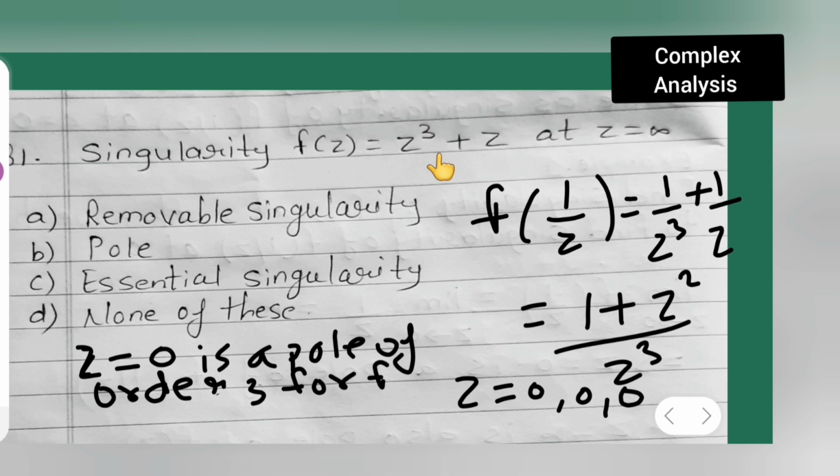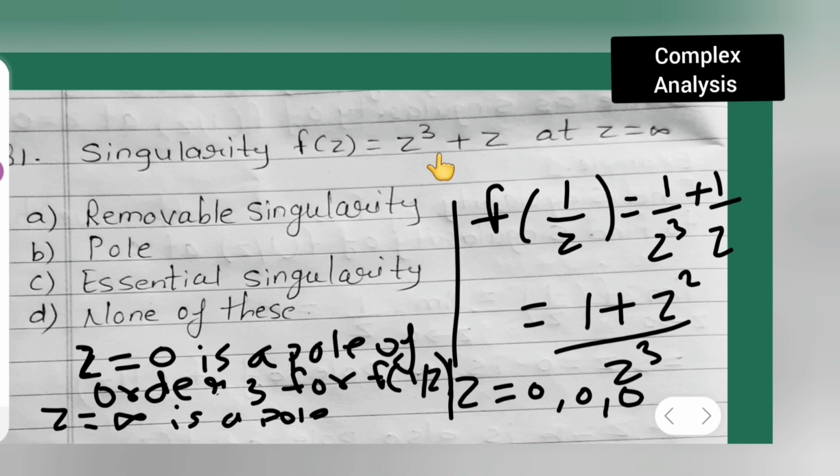for f of 1 upon z, right? Same way, z is equal to infinity is a pole of order 3 for f of z, okay?